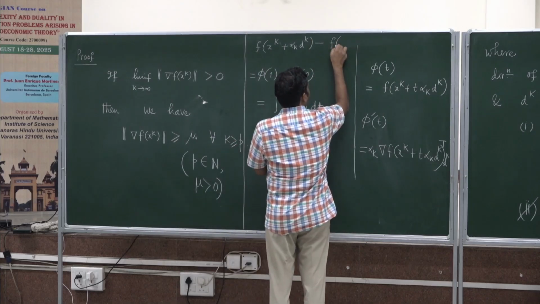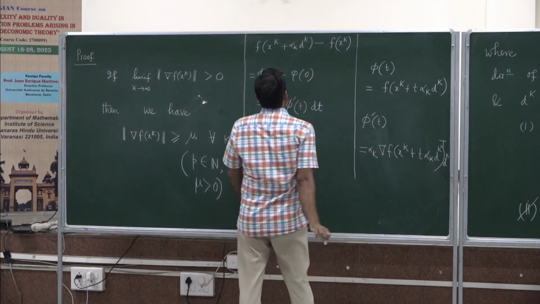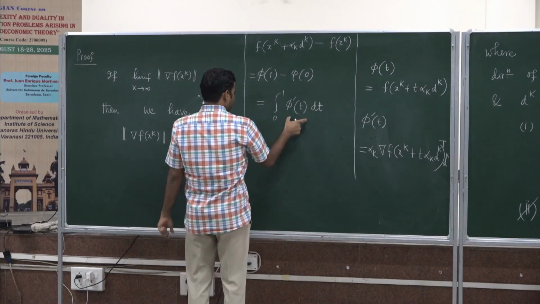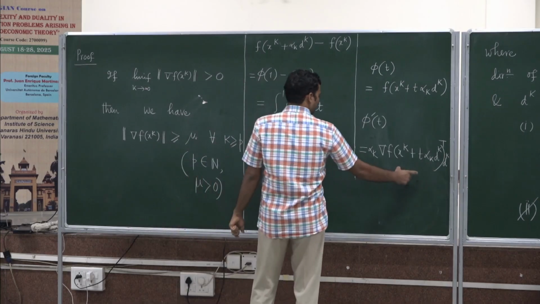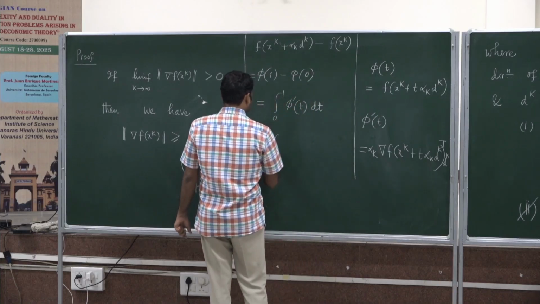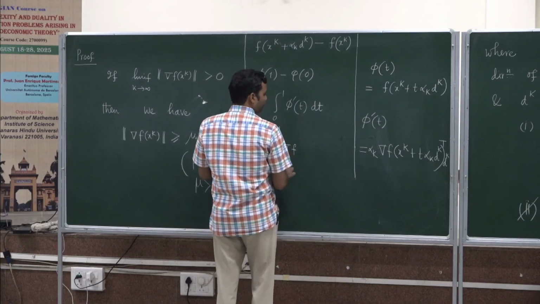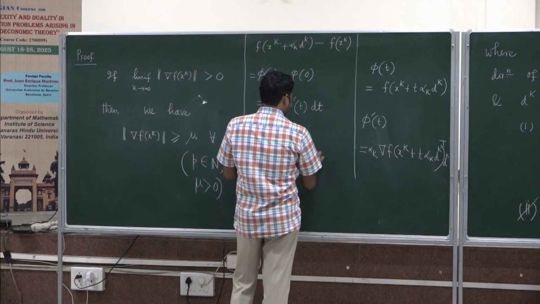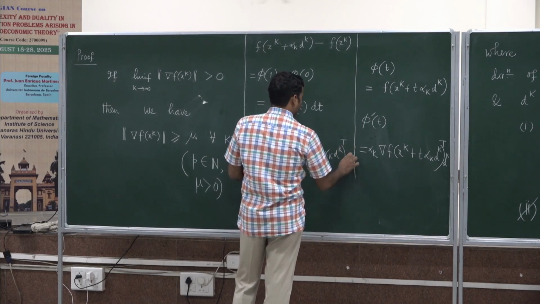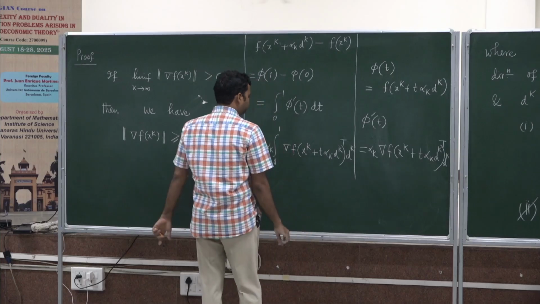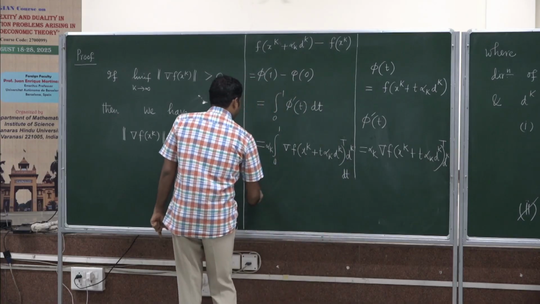Minus f of xk, this difference is your phi 1 minus phi 0. Then with phi dash t, alpha k comes out, integration 0 to 1 of gradient of f at xk plus t alpha k dk transpose dk dt.